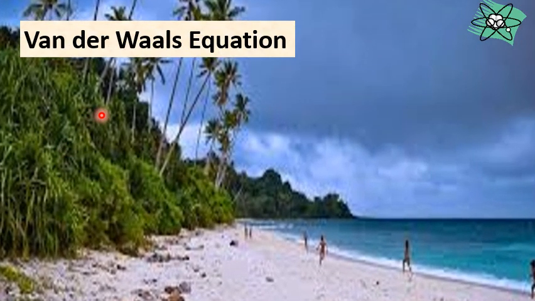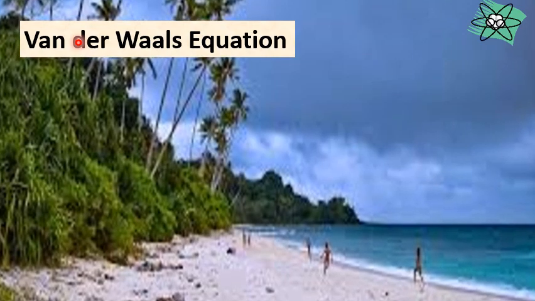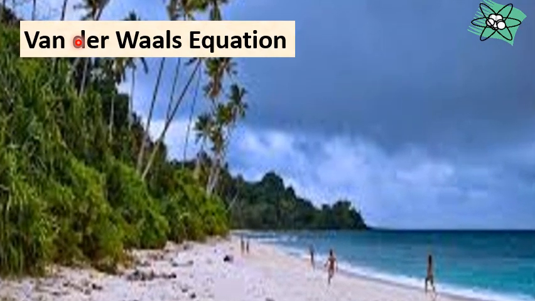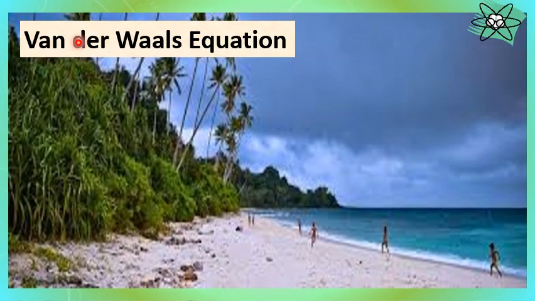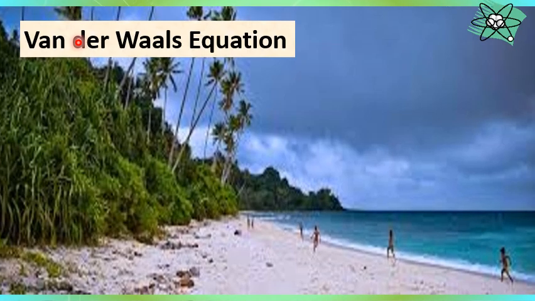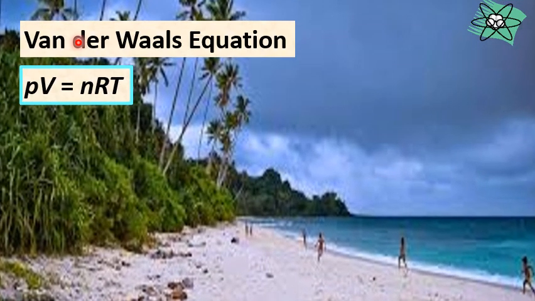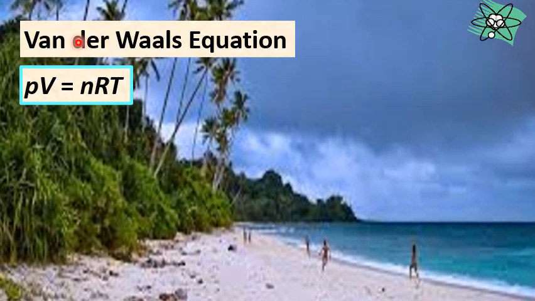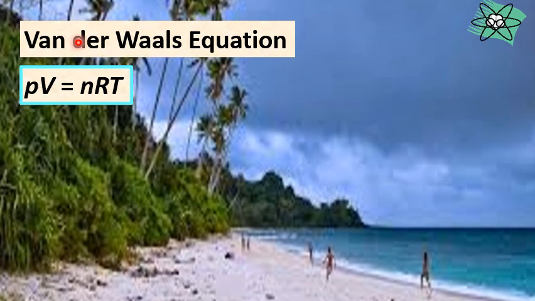An equation that better approximates gas behavior than does the ideal gas law is the van der Waals equation, developed by the Dutch scientist Johann van der Waals in 1879. The van der Waals equation improves upon the ideal gas law by adding two terms.